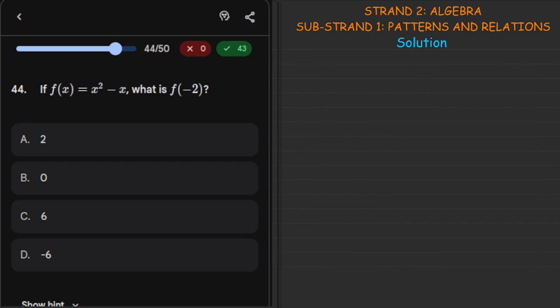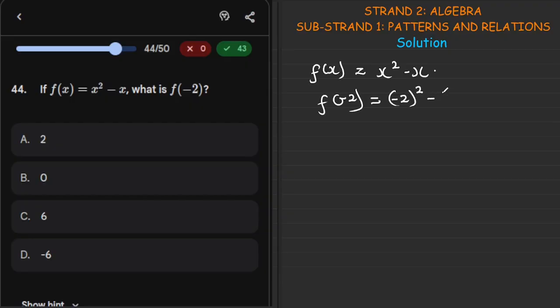Question number 44. 44 says, if f of x is x squared minus x, then what is f of negative 2? F of negative 2 here simply means anywhere we see our x, let's put negative 2 there. We have negative 2 all squared, that is in place of x.